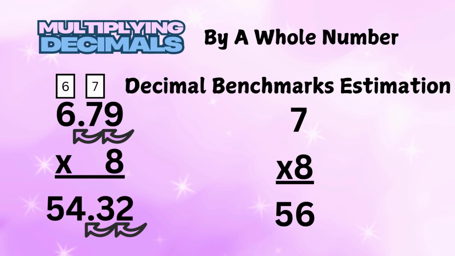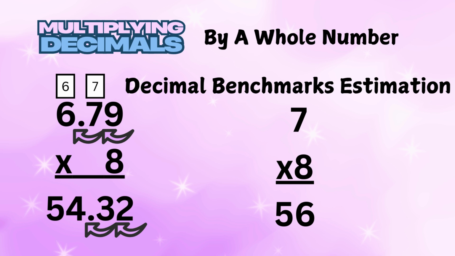Next, we're going to move on to another multiplication problem, but this time when we estimate, we are going to use decimal benchmarks. So here I have the question 6.79 multiplied by 8. Using decimal benchmarks, I know that if the number is 5 or greater, I'm going to round up. If the number is 4 or lower, I would round down to the original whole number.